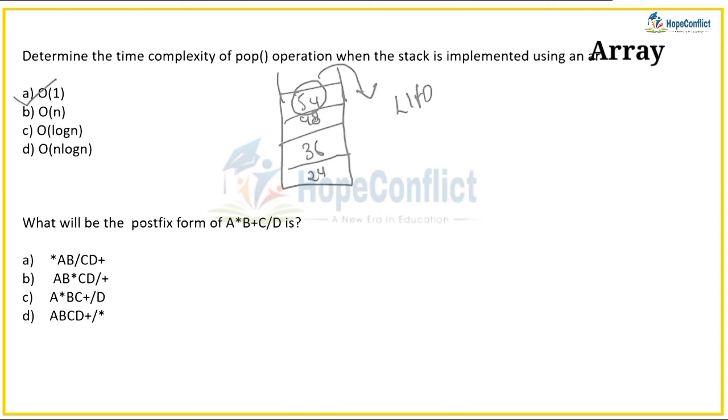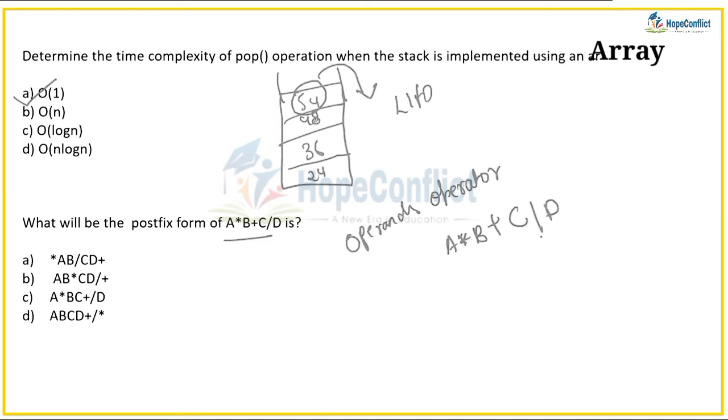Let's see the next question about postfix expression. What do you mean by postfix? The operator will come after the operands, that is, first operands will come, then the operator. Let us see how this expression is going to be solved. We have A * B + C / D. First of all, you have to understand the precedence rule.